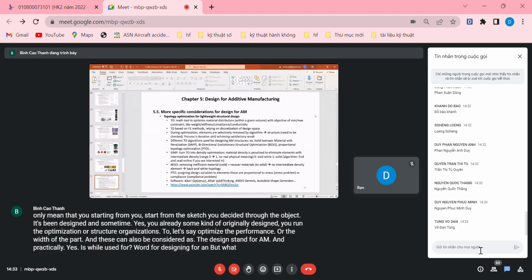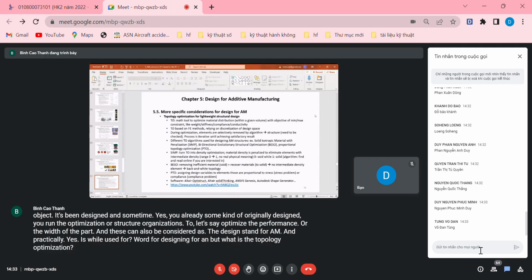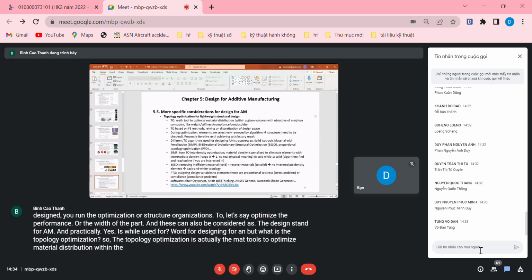But what is the topology optimization? Topology optimization is actually the math tools to optimize material distribution within a given volume.